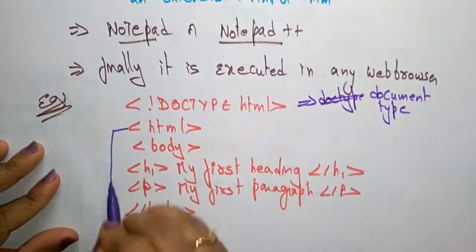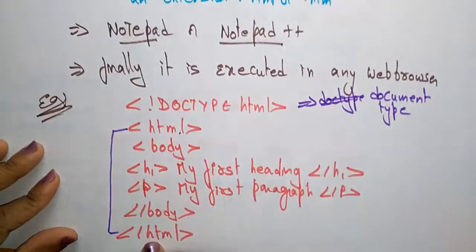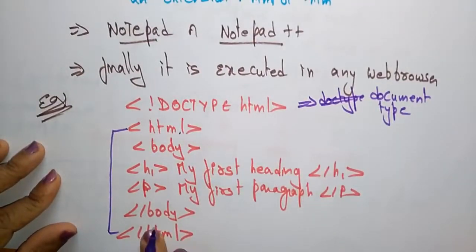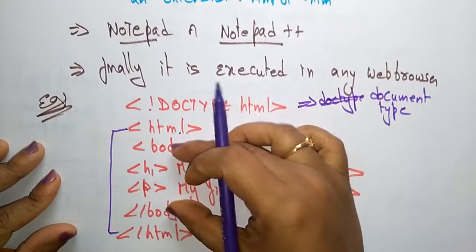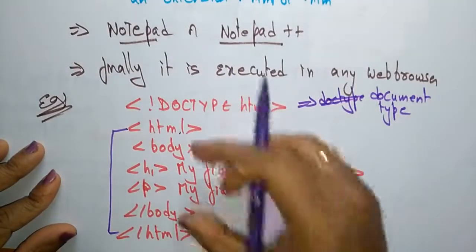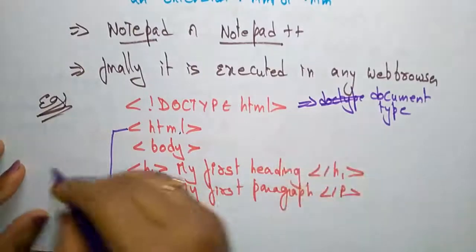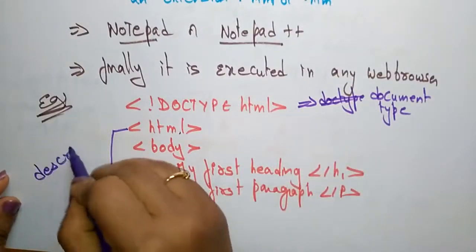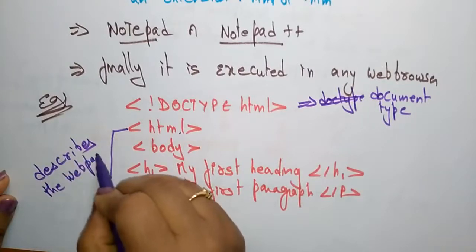This is the starting HTML, and at the end of the statements you have to close it using the backslash. The text between the HTML tags describes the web page.